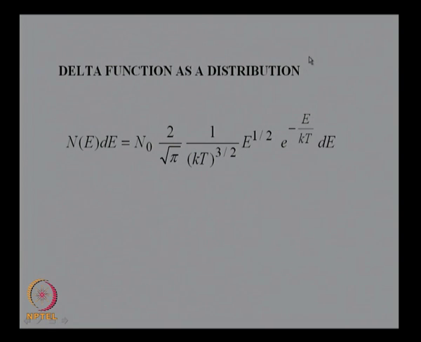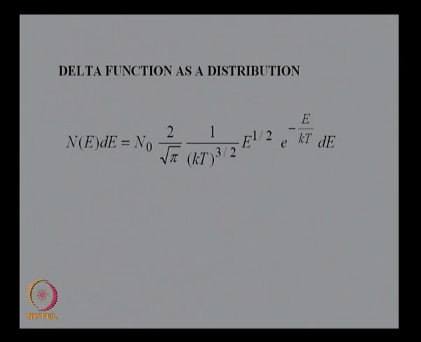Now, in a room like this, let us suppose the distribution of energy of the molecules is given by the Maxwellian distribution. So, n of E dE represents the number of molecules whose energy lies between E and E plus dE. If I ask you the question, how many molecules have exactly the energy E is equal to kT?